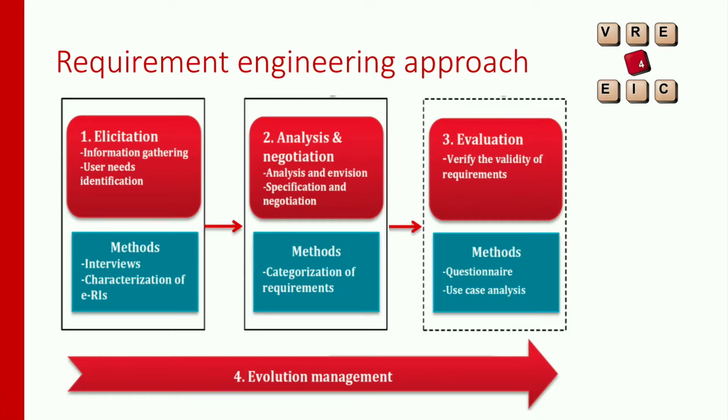The first step, requirements elicitation, helps to discover and conceptualize system requirements through information gathering and user needs identification. Once the initial set of user requirements has been formulated, the requirements need to be detailed, discussed, and agreed by stakeholders in the second step, namely the analysis and negotiation phase.